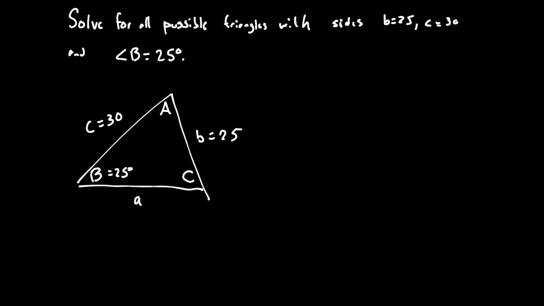So we have one complete ratio, given by sine of B divided by b. And we can use this to find the other sides and the other angles. Since we're given the side c, why don't we go ahead and find what angle C is?